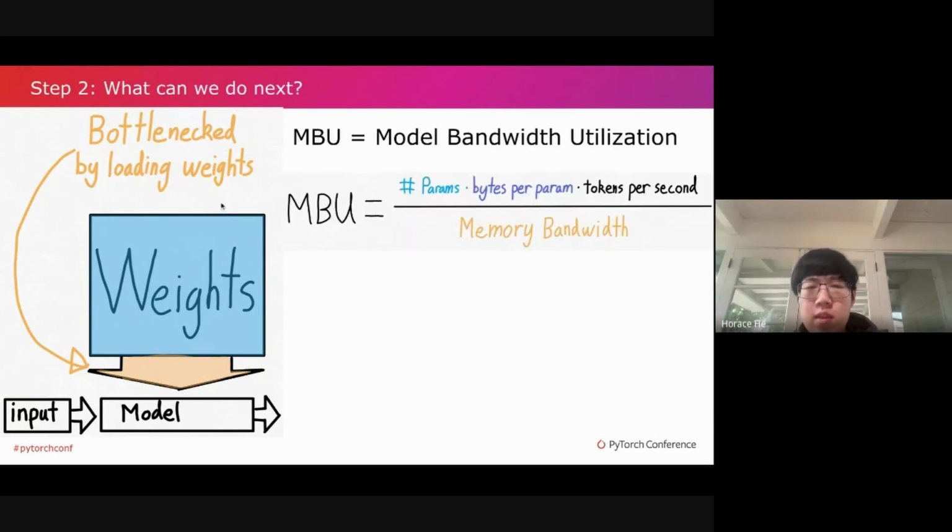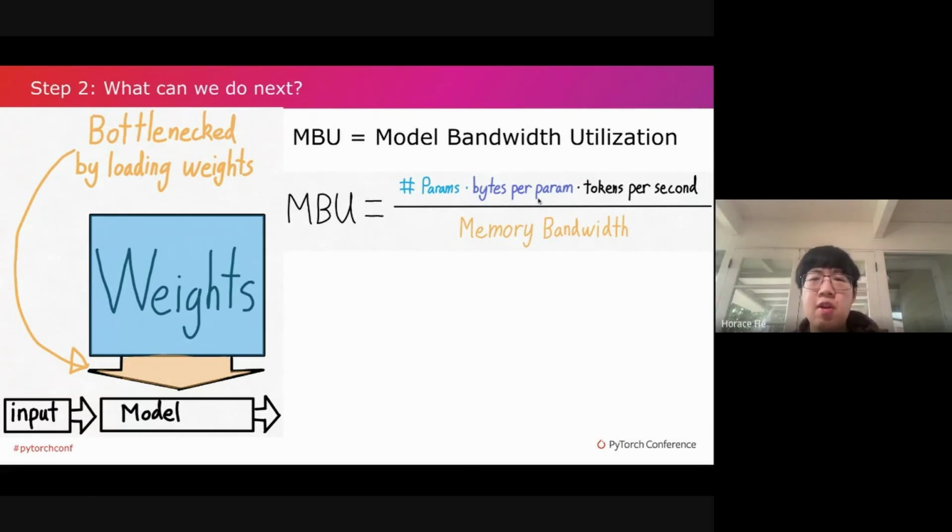This provides a metric that some people call MBU, which stands for model bandwidth utilization. The general idea is, if you assume the only goal of your program is to load the weights from memory as fast as possible, what percentage of that theoretical peak are you achieving?